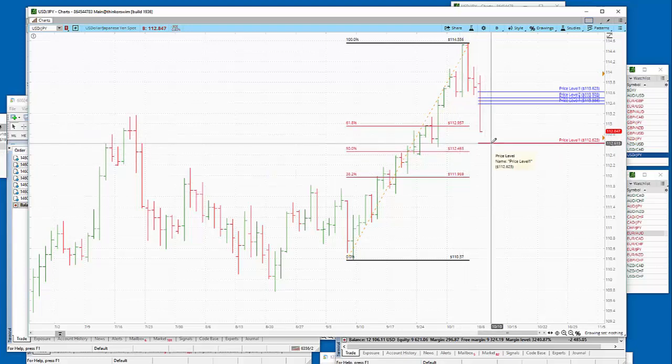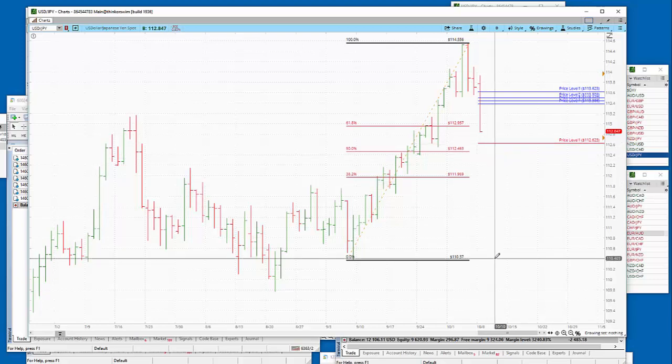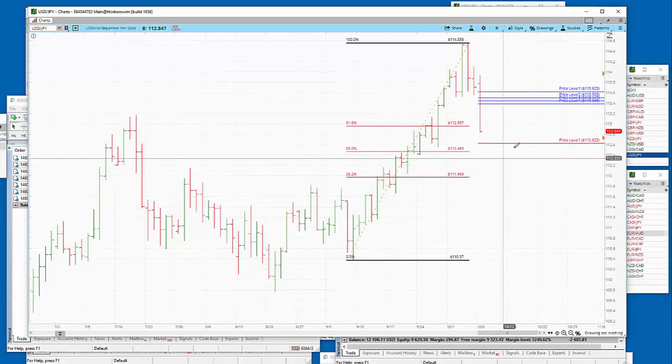Here's where our trade would hedge, but potentially we could be going down to here, right?